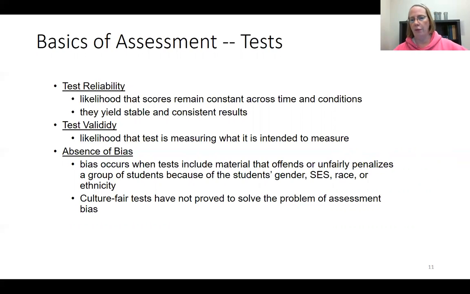And then we have test validity, and this is the idea of whether or not the test is measuring what it is intended to measure. So sometimes what happens is a test is developed and we think our intent was to measure Johnny's ability to understand Romeo and Juliet.